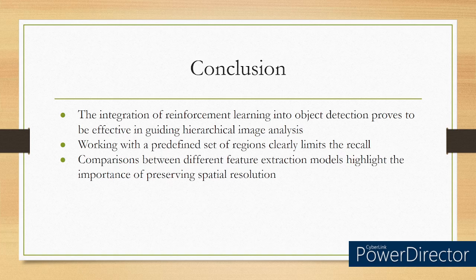The conclusion. This paper primarily explores a hierarchical object detection approach guided by deep reinforcement learning. By training an intelligent agent to determine regions of interest in images, effective hierarchical image analysis can be achieved. Additionally, they compare two different candidate proposal strategies and feature extraction strategies.